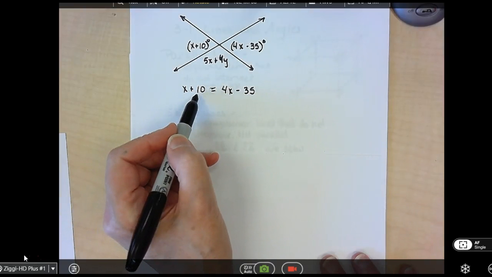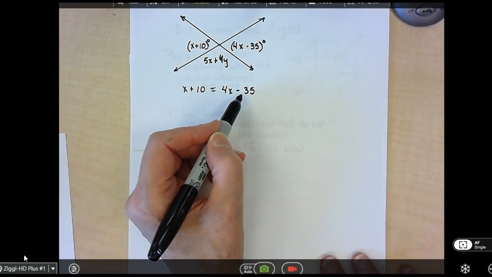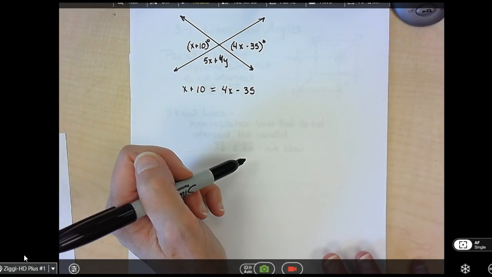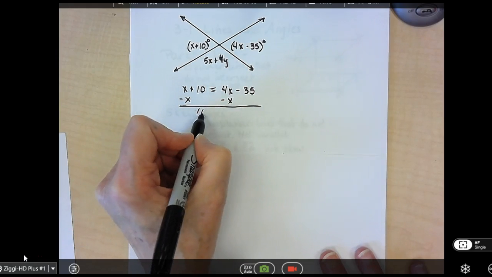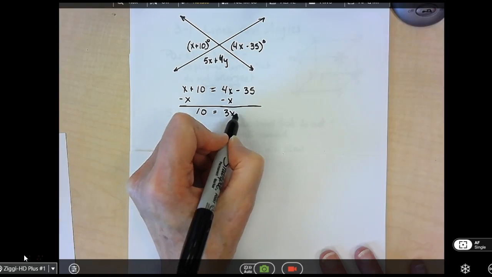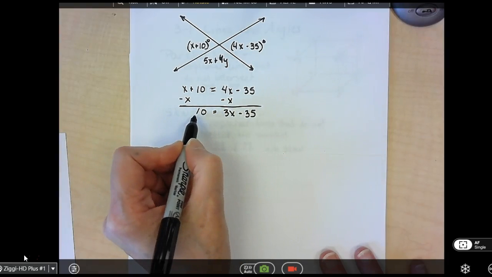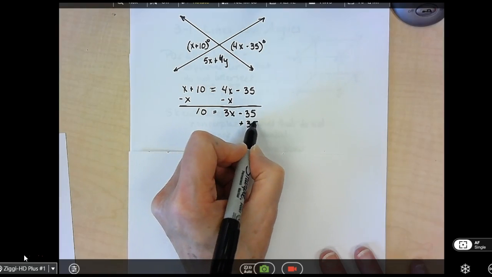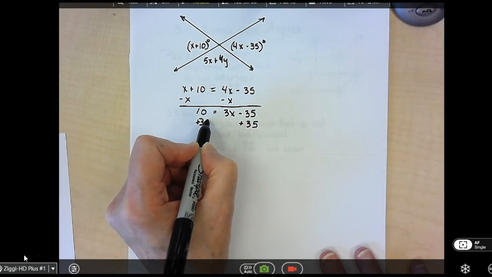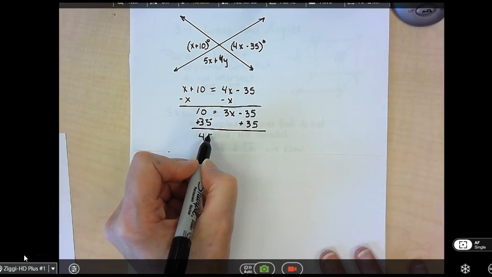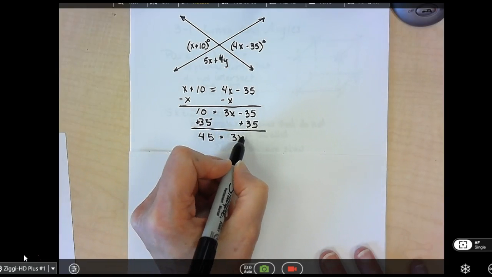So x plus 10 degrees equals 4x minus 35 degrees. Now I can start solving. I want to get x's on both sides, so subtract x. 10 equals 3x minus 35. So now I want the numbers on the same side, add 35. And that gives me 45 equals 3x.